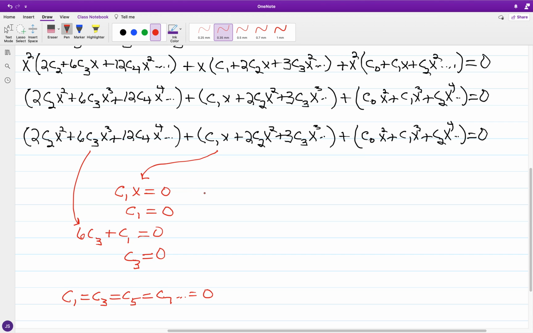Now for the constants that are not negligible, those are going to be the even subscripted terms. So if I combine what I have with what we have in x squared, we're going to have 4c2x squared.